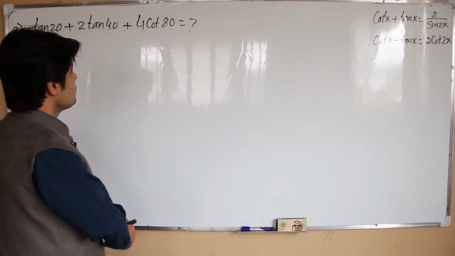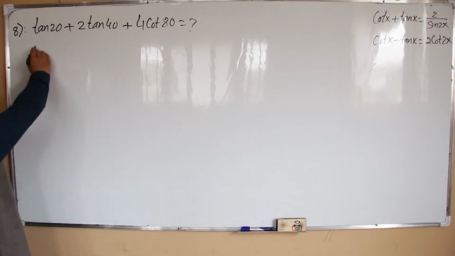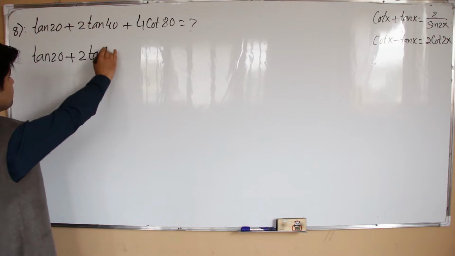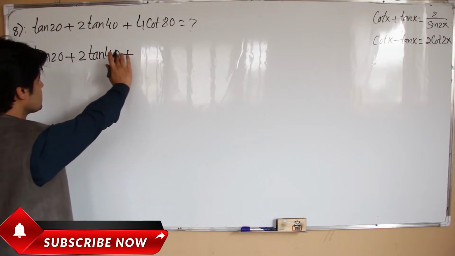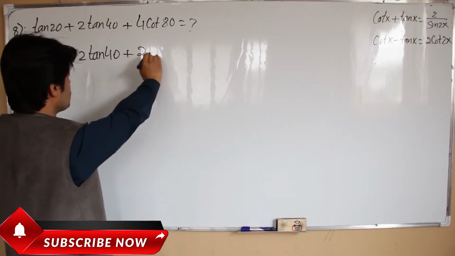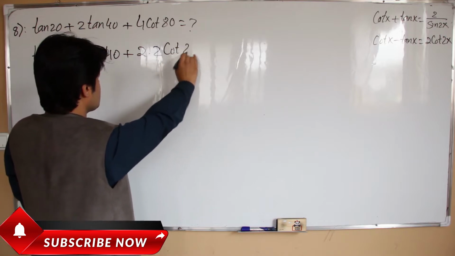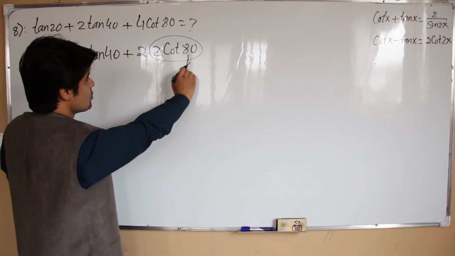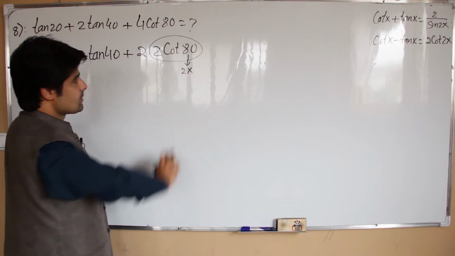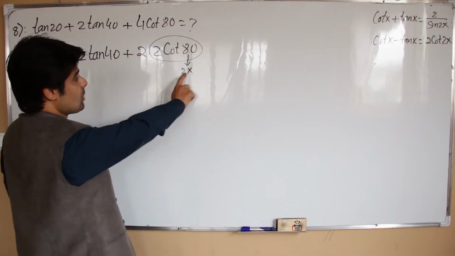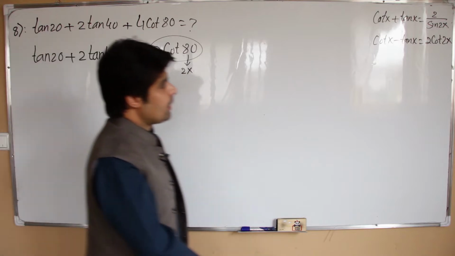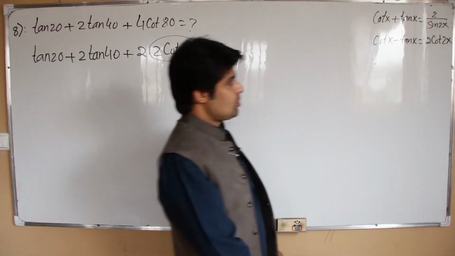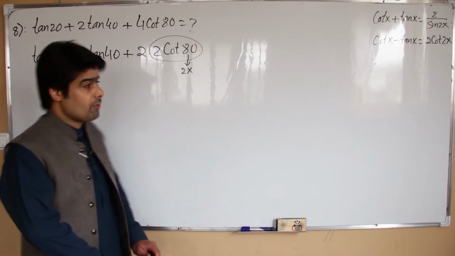By the way, here if I write tangent 20 plus 2 tangent 40 plus 2 times 2 cotangent 80, and 80 is 2 times 40, then instead of 2 cotangent 2x, we can use cotangent of its half minus tangent of its half.